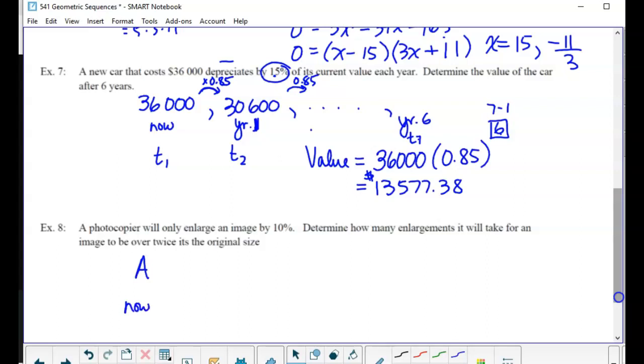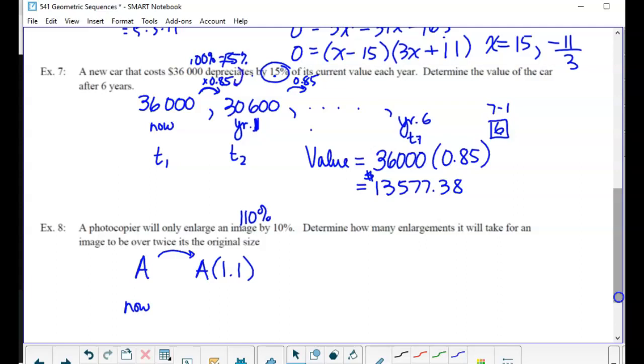Then to enlarge it, we don't multiply it by 0.1. That makes it way smaller. We have to multiply by 1.1, 110%. So for depreciation, we went 100% minus 15 to get 85. Now we're adding.